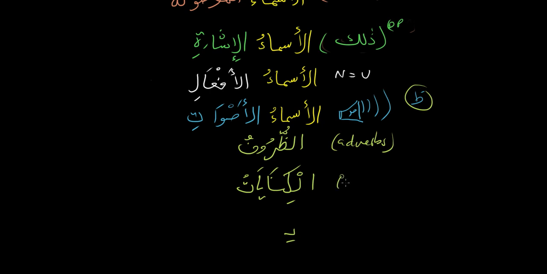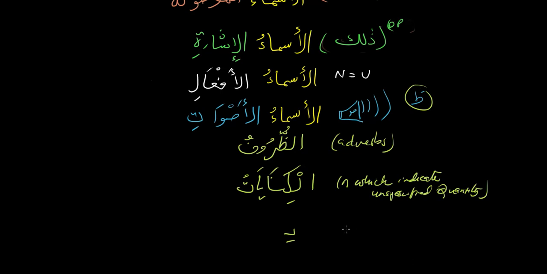Al-kinayat are nouns which indicate quantity, an unspecified quantity. That's kinayat. And the next one is the ba.